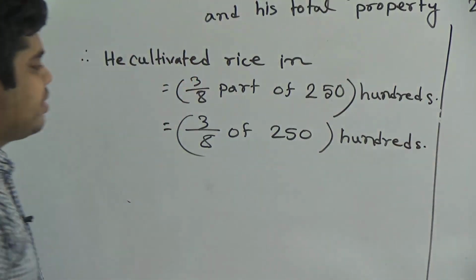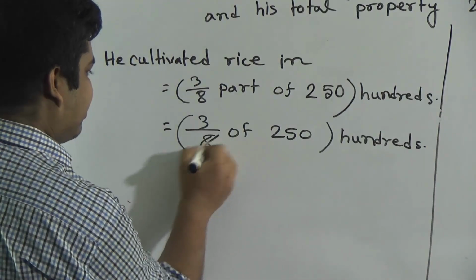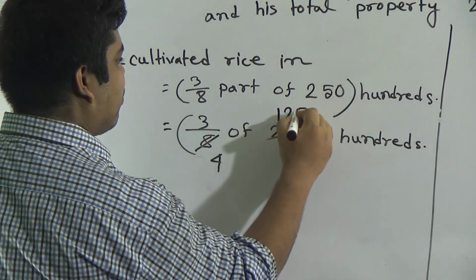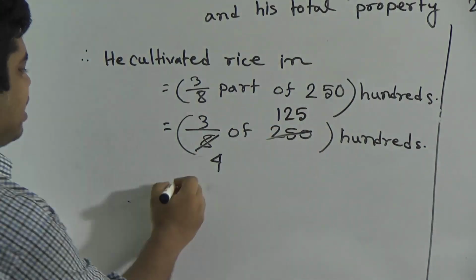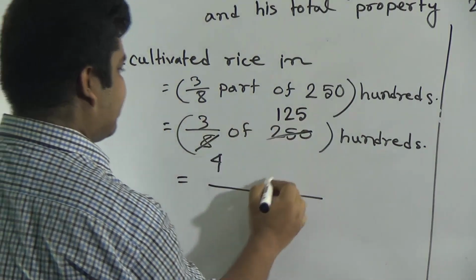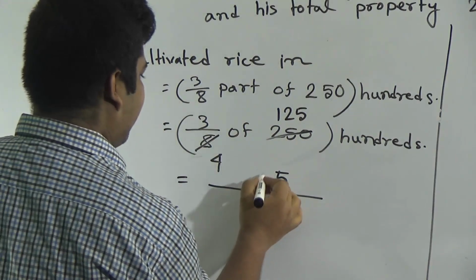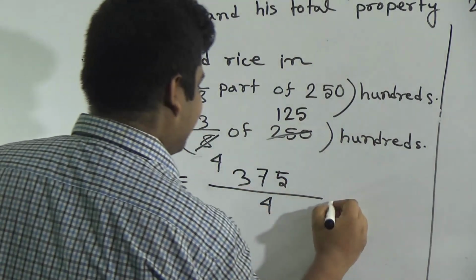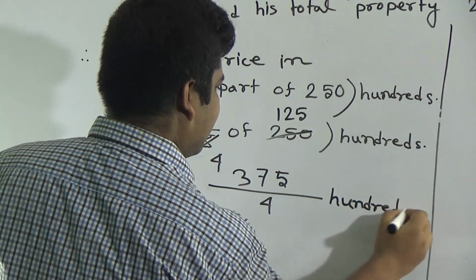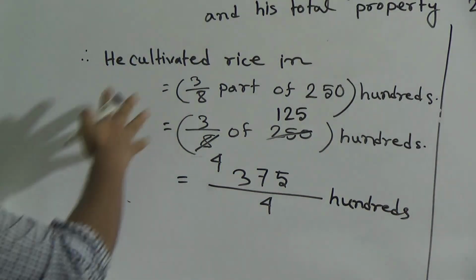Now my dear students, we cut: 2 goes into 8 four times, and in 250, 2 goes 125 times. Now what is left is 3 times 125, which gives 375 hundredths. So 375/4 hundredths. Okay, rice done.